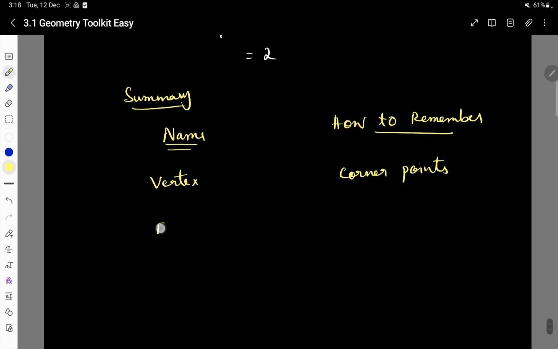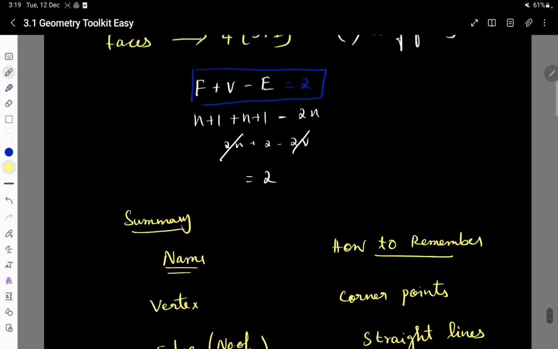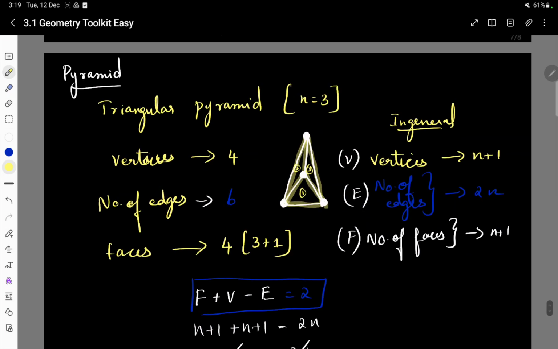And edge is nothing but the number of sides, you can just see the straight lines, how many straight lines we have. And if they are asking faces, you can see the surface, whatever surface we have, how many surfaces we have on the outer part.